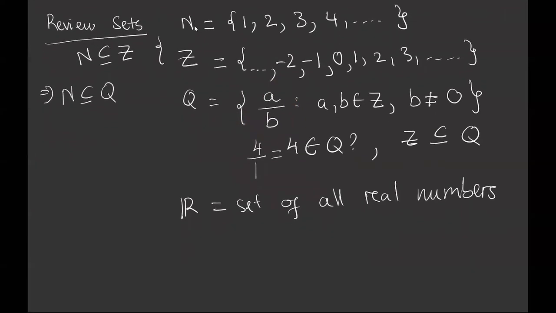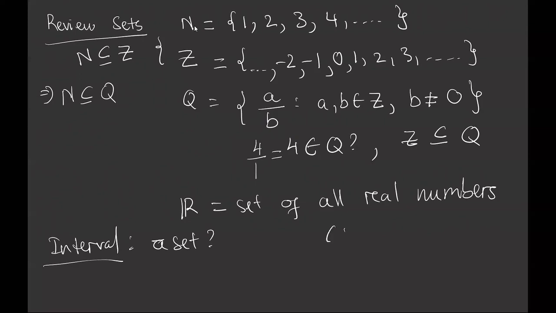And there's also the interval notation. Okay. I want to ask you, is an interval a set? No, no. Okay, so how do you define an interval? For example, 2, 5.